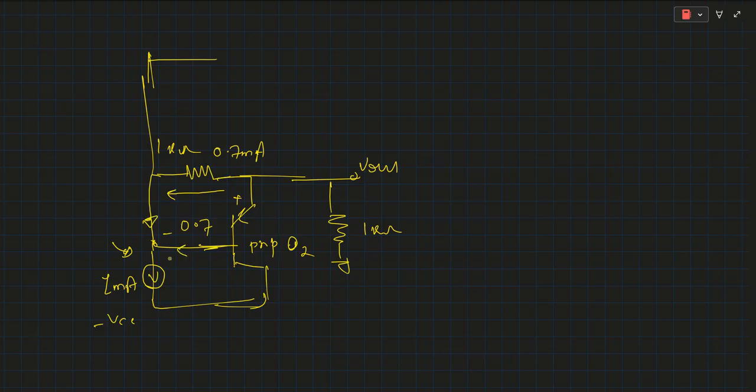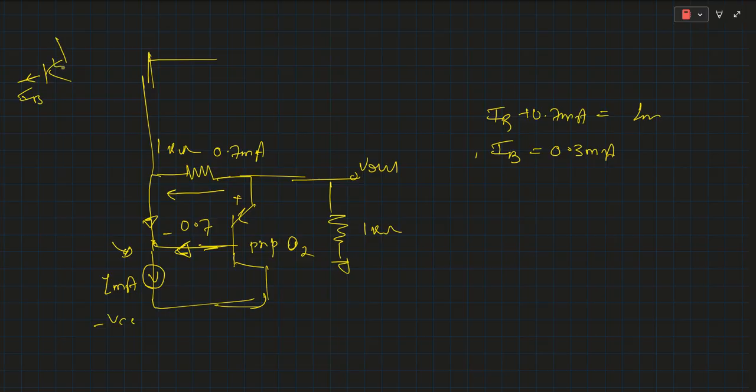Now, if we find the base current, it is the input current plus 0.7 milliampere, which is the outgoing current of 1 milliampere. So the base current is 0.3 milliampere. And at this time the direction of the current is correct, as for NPN the base current direction is this, this is the emitter, this is the collector.